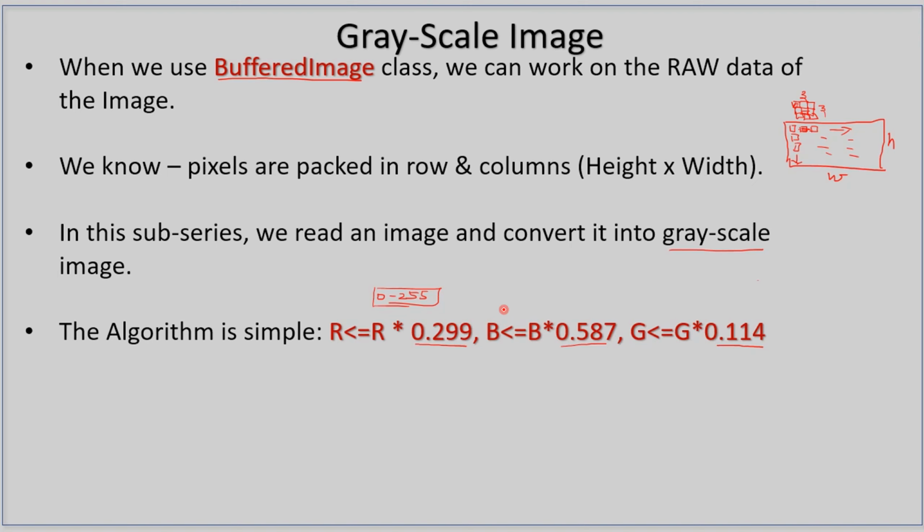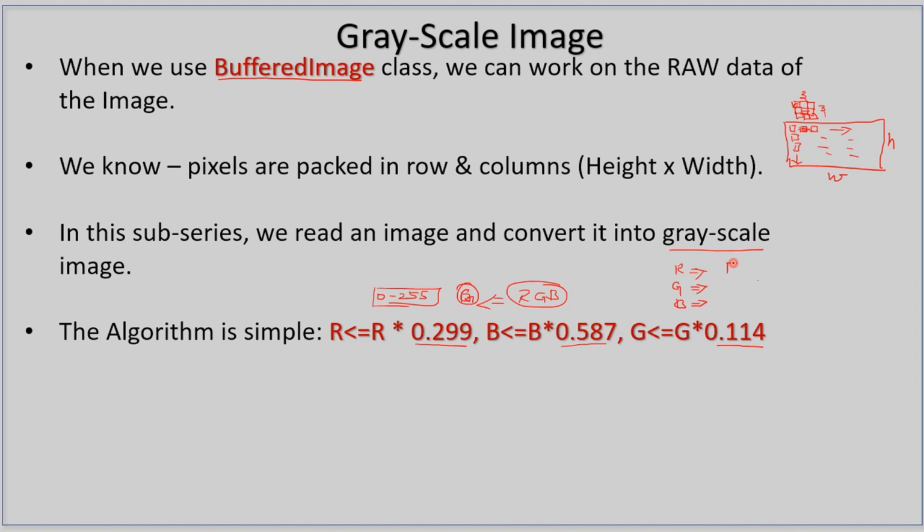Once we get all this, we will sum up RGB to get a value that we need to set to the grayscale. If we set the same value for red, green and blue, it will fall under some of the grayscale area.